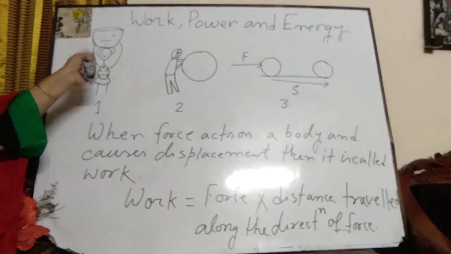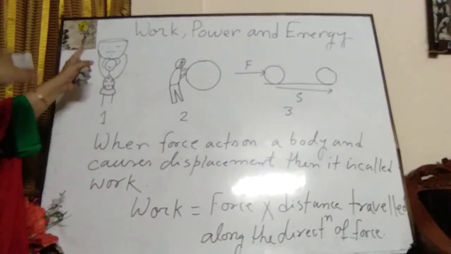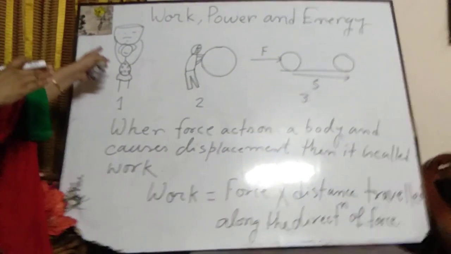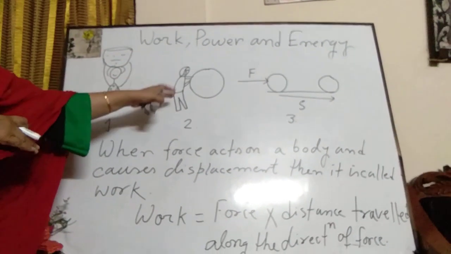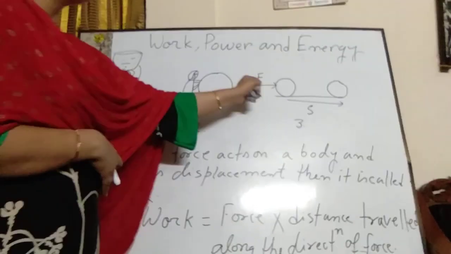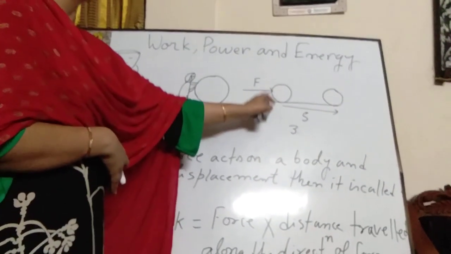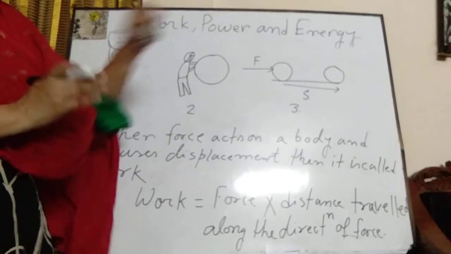You can say a lot of work is done. Yes, in day-to-day life we can call it work. But in the language of physics, she has done no work. And the boy has done no work as the stone is not moved at all. But here the ball is moved from its initial position to final position. So here we can say work is done.